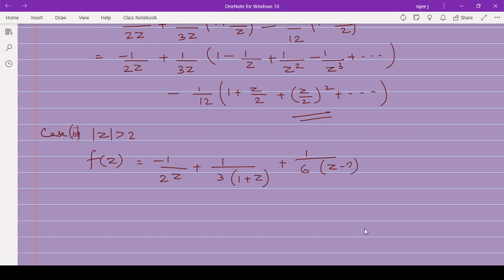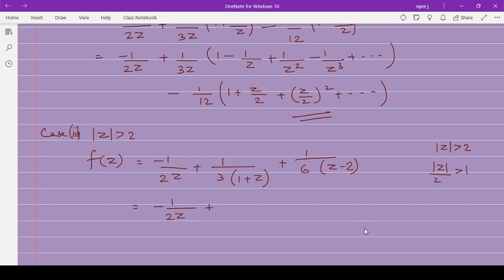Now, in the third case, we will write this as minus 1 by 2z as it is, plus now here mod z greater than 2. Now, mod z greater than 2 means z by 2 is greater than 1 comes.